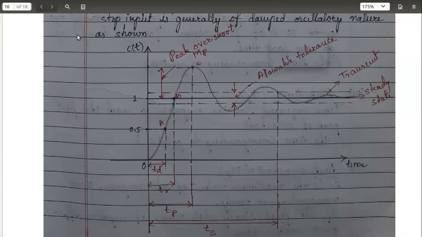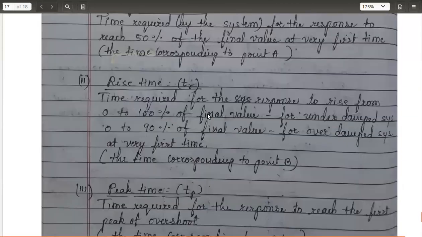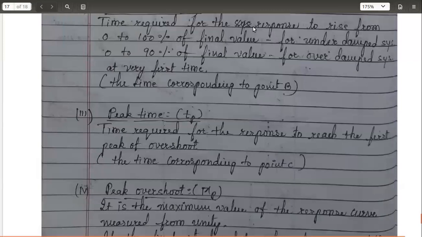So let me define it properly. Time required for the response to reach the first peak of the overshoot. So always we are considering the first peak, okay? First peak of the overshoot, that is called peak time. So the time corresponding to point C in the figure.